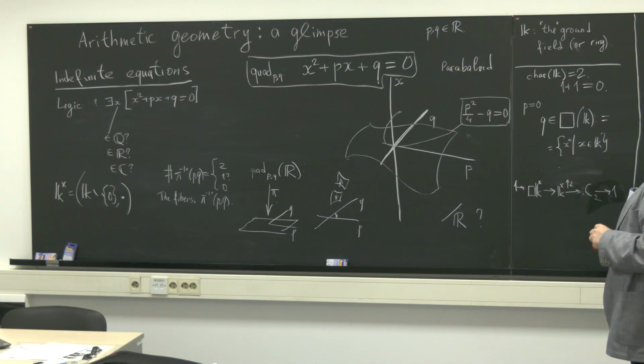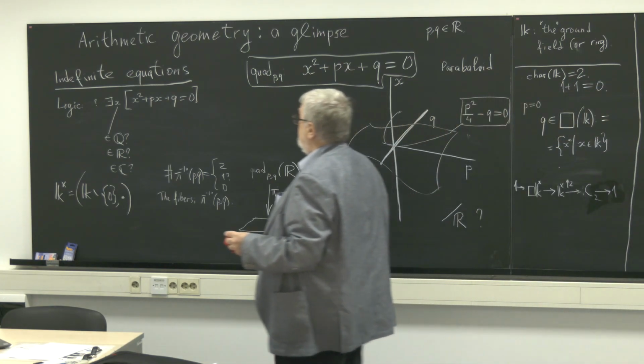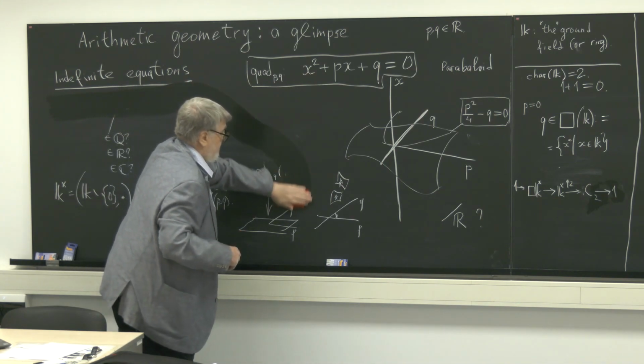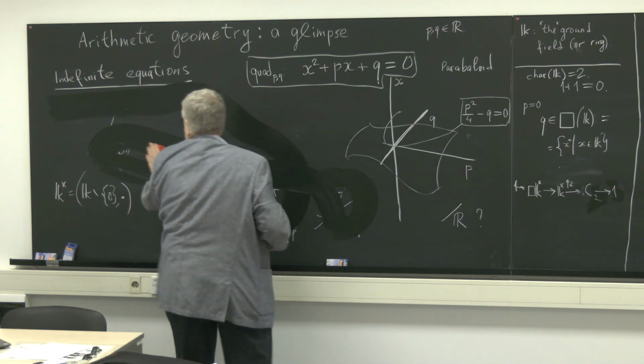So I have to find some place for the general case. As you see, it is a bit longer. This story in characteristic 2 is a bit longer than I supposed.